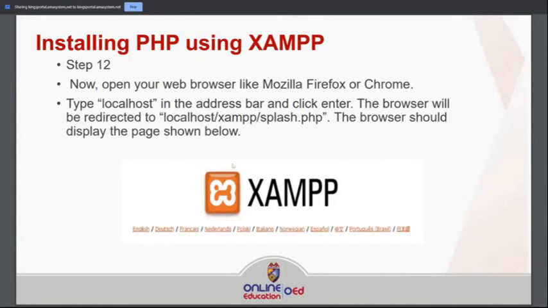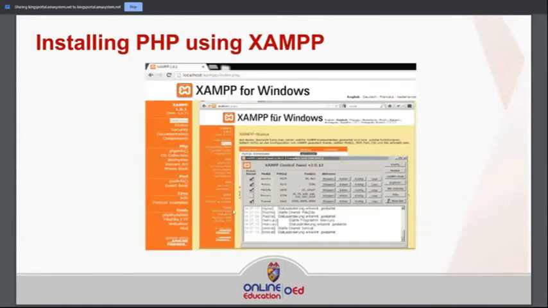Then you should be able to see this logo. Okay. So basically that's it, guys. If you're able to do those steps, then you are successful in downloading and installing PHP using XAMPP.